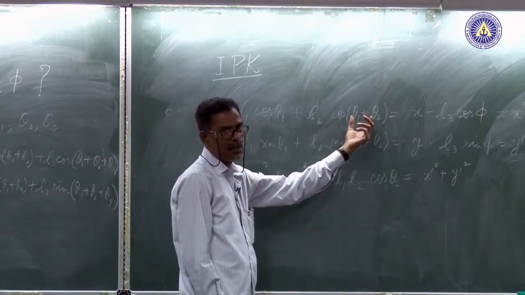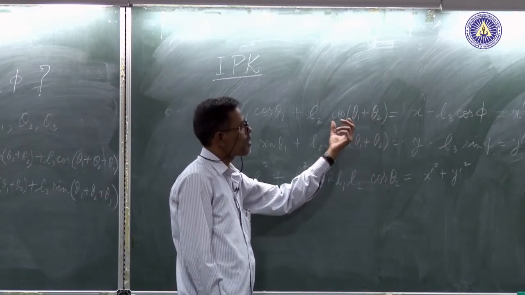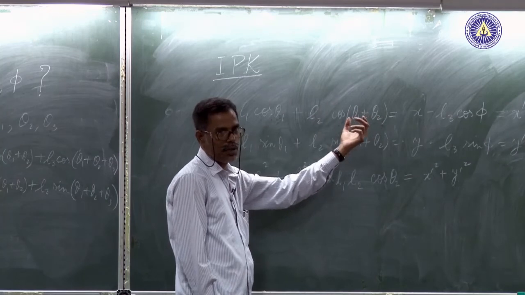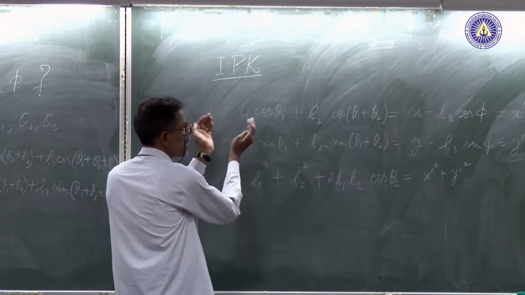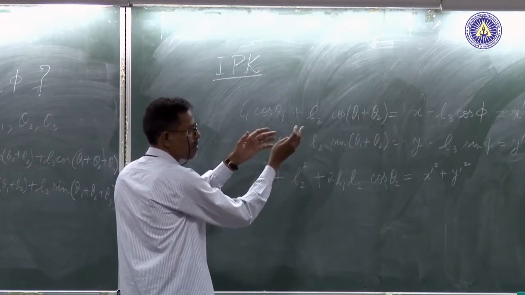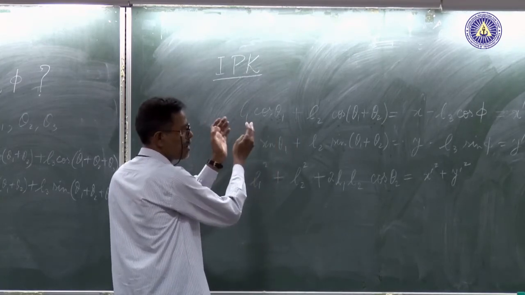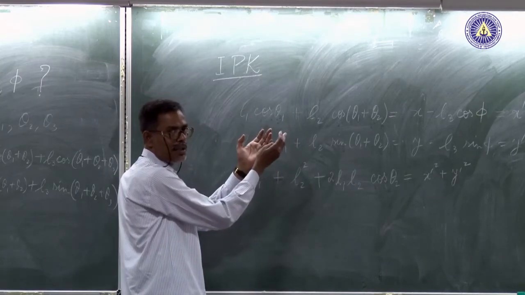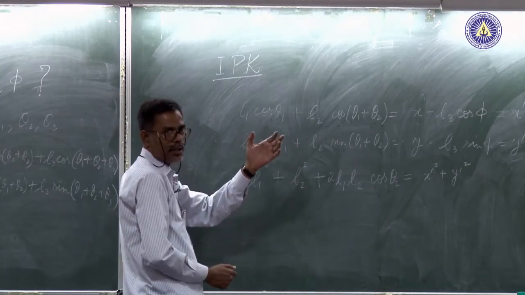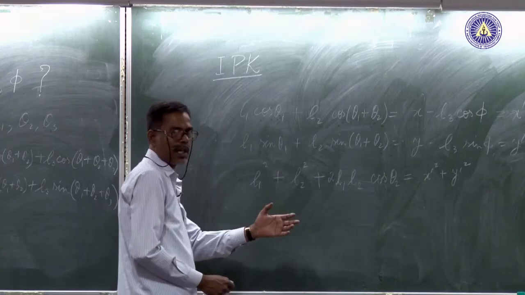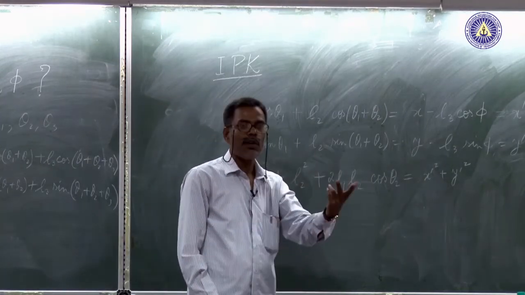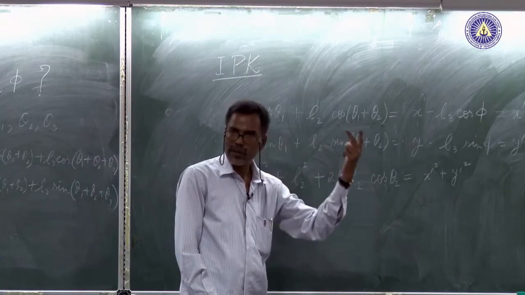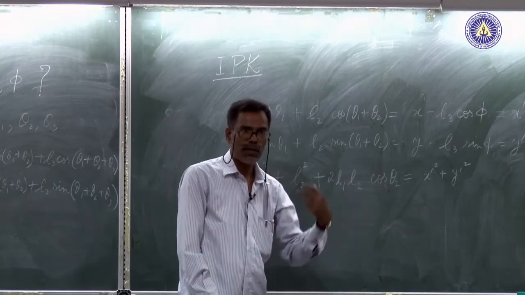So, you can open this as cos theta 1 cos theta 2, which is known, minus sin theta 1 sin theta 2, then you will have something into cos theta 1 plus something into sin theta 1. That whole thing you can combine in a single cos or single sin. Whatever you combine, that will give you two values of that angle, and therefore, two values of theta 1.